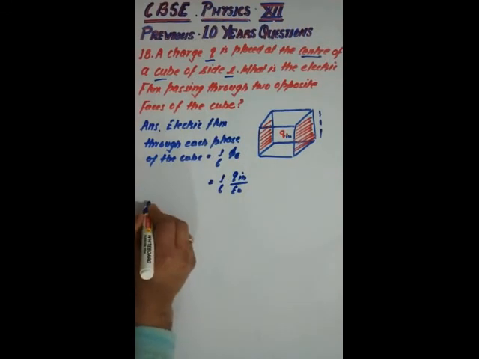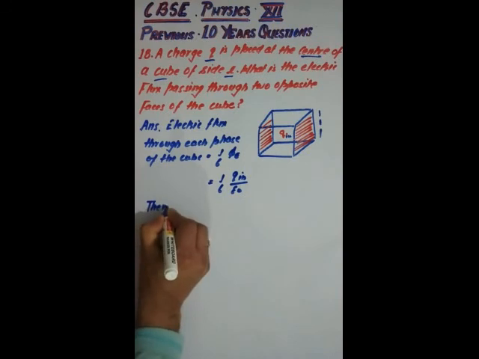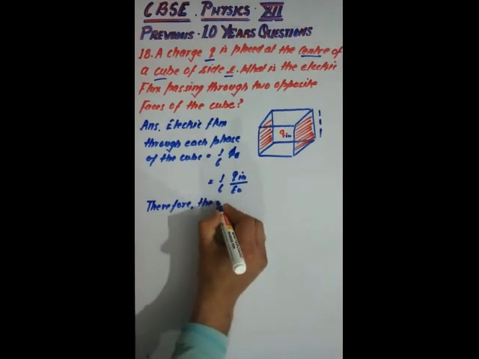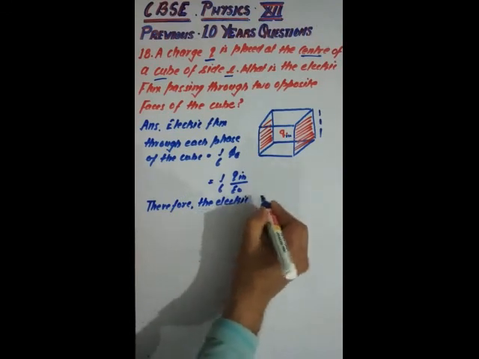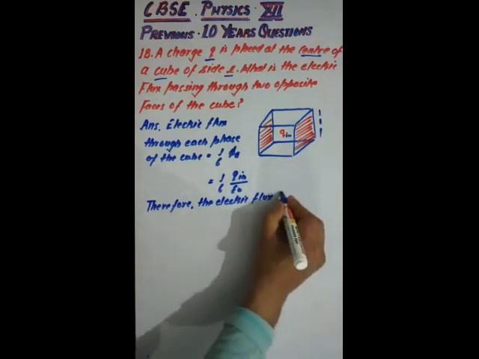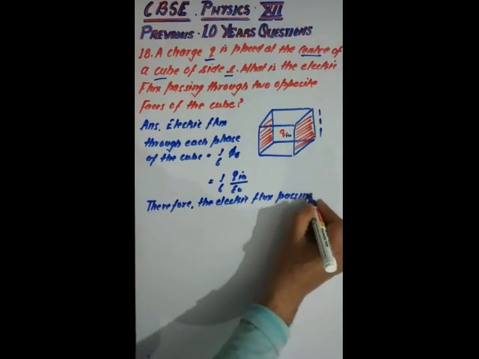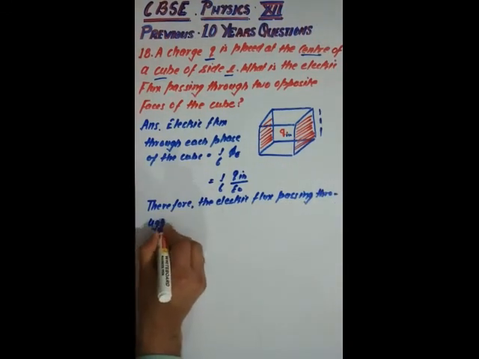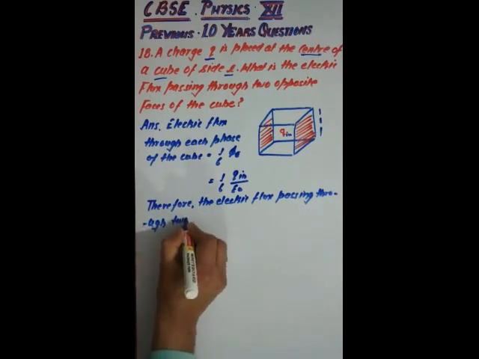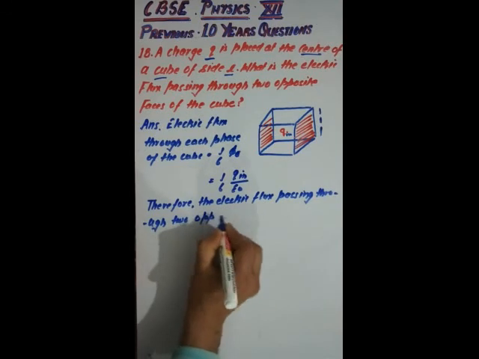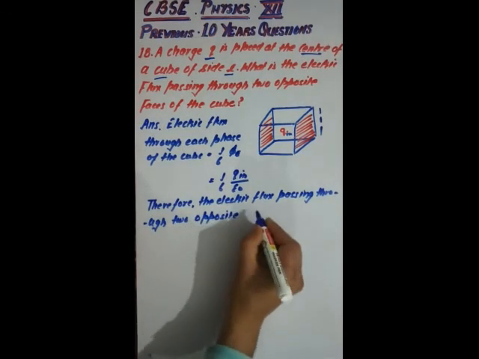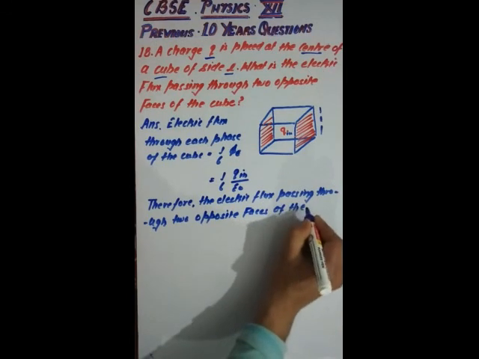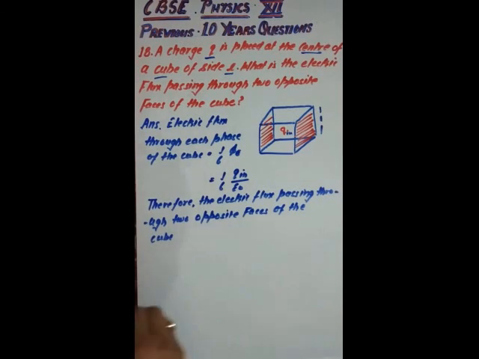Therefore, the electric flux passing through two opposite faces of the cube.